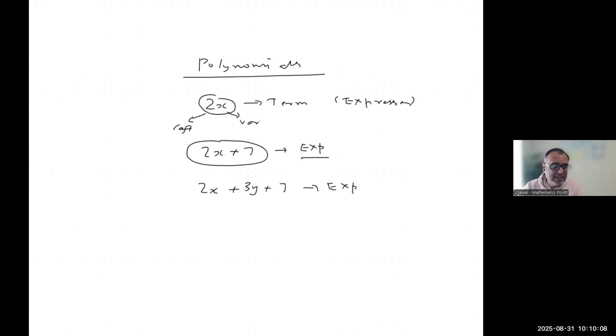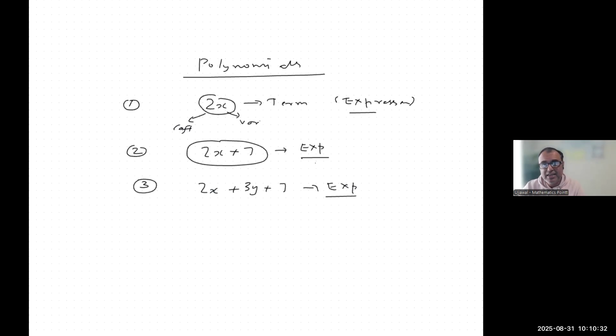But what exactly is the difference between this expression and this expression? The first expression has just one term in it. The second expression's got two terms in it, and the third expression has got three terms in it. Yes, exactly. It's got more terms.